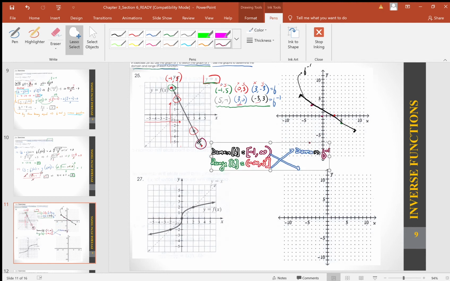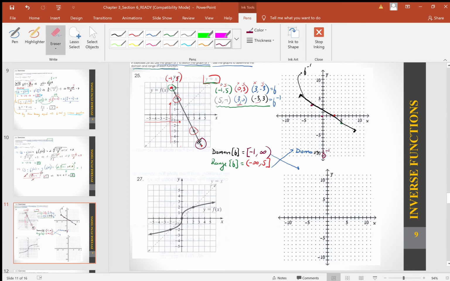And this is going to be your domain, in another color. That's just going to be negative infinity, comma 5.